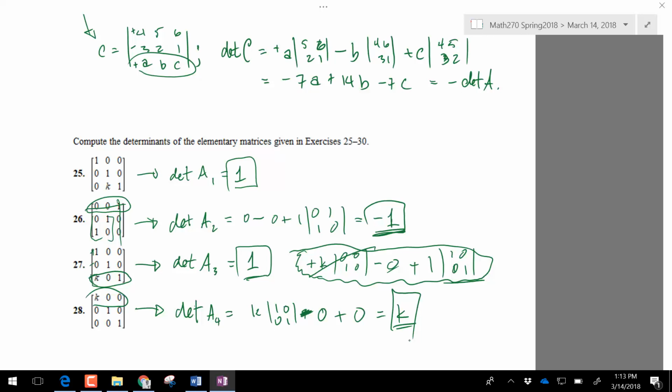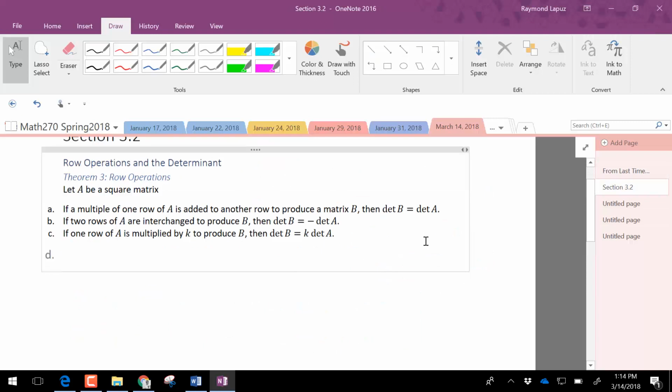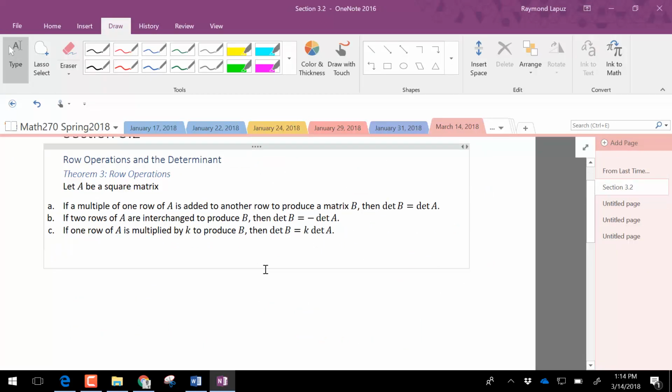We're going to see by the end of today that there's going to be a special property of the determinant where if you are finding the determinant of a product of matrices, then it's like multiplying the determinants of each of those matrices. And that would be useful for the elementary operations.